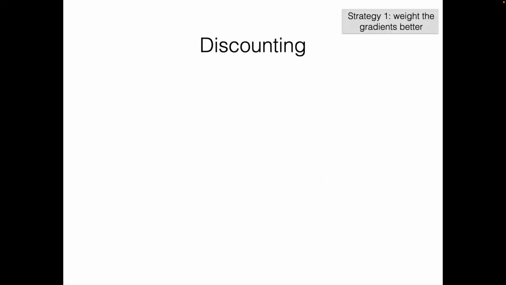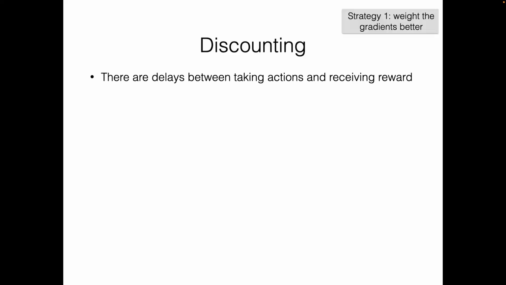So here are a few common things you can use for the first strategy, coming up with a better weighting term for the gradients. The first is called discounting. In a lot of these environments, there's a delay between taking an action and actually receiving a reward. Let's say I'm playing that Pong game.